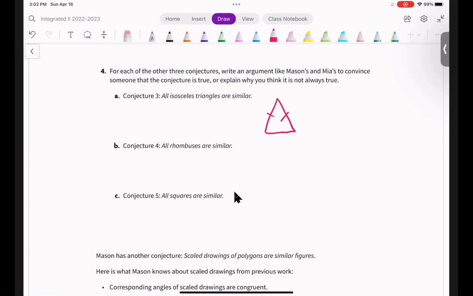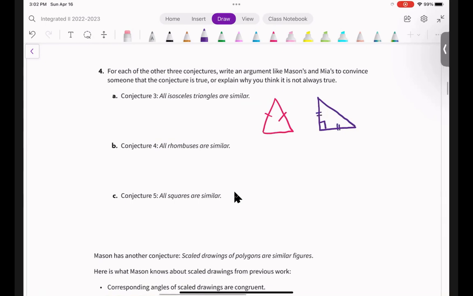Or smaller or bigger versions of this, right? And the answer is no, because here's one and then here's another, right? Okay, so this is going to be a no.